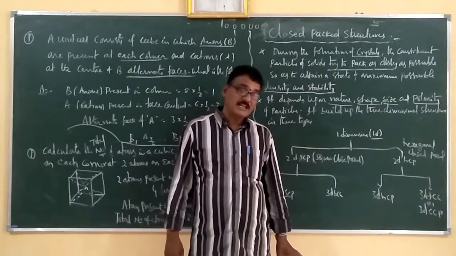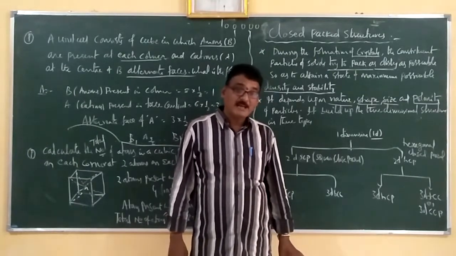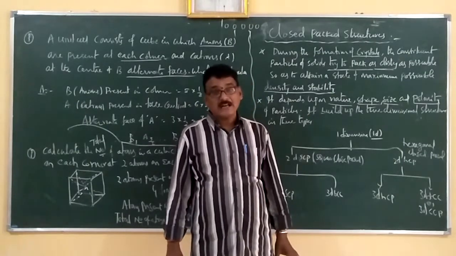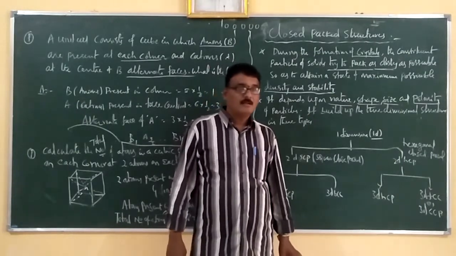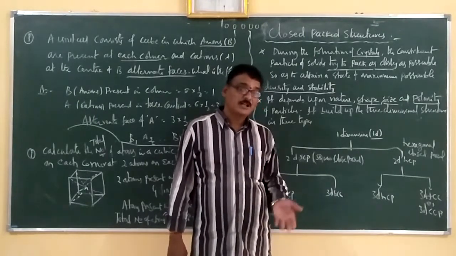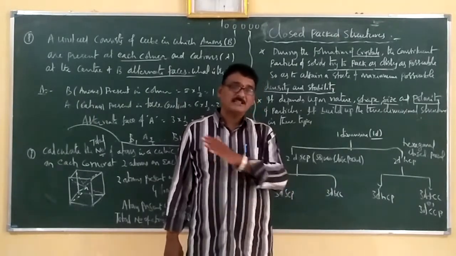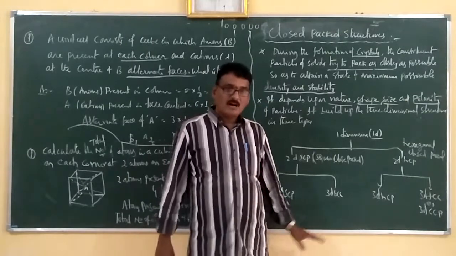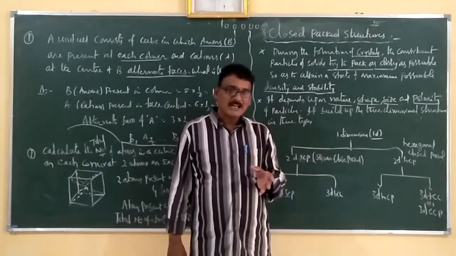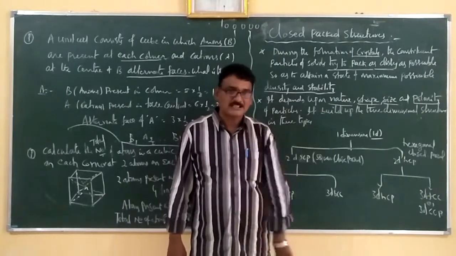What do you mean by 3D FCC? Three-dimensional face-centered cubic closed packed structure. What do you mean by 3D CCP? Three-dimensional cubic closed packing structures. What do you mean by 3D HCP? Three-dimensional hexagonal closed packed structure.